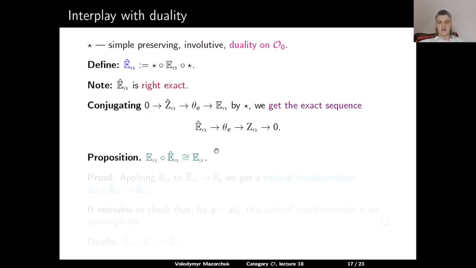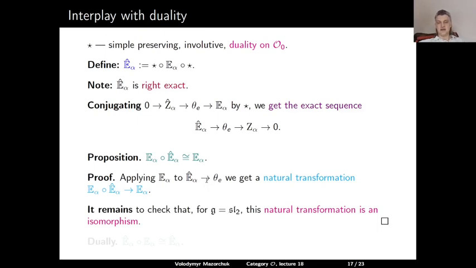So we claim that the composition of E alpha after E alpha hat is isomorphic to E alpha. To prove this, we apply E alpha to the natural transformation from E alpha hat to the identity. So this gives us a natural transformation from E alpha after E alpha hat to E alpha.